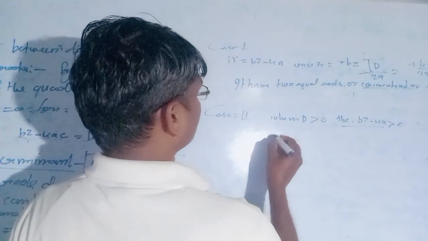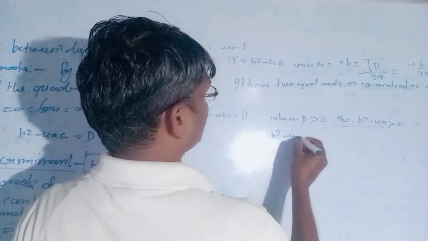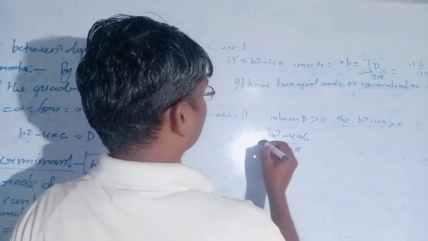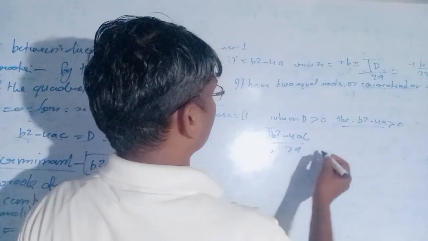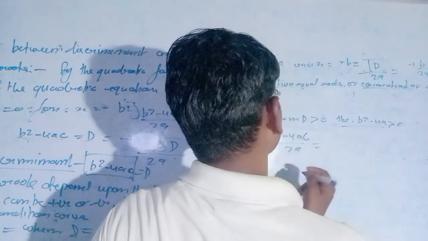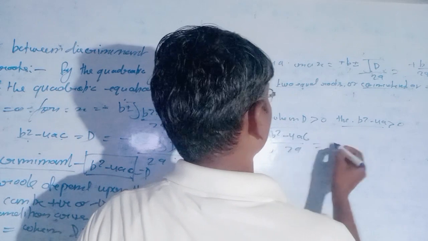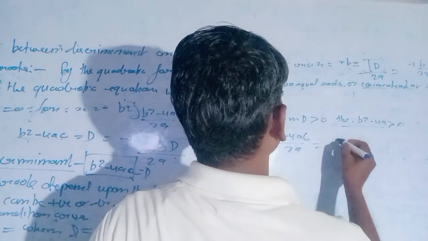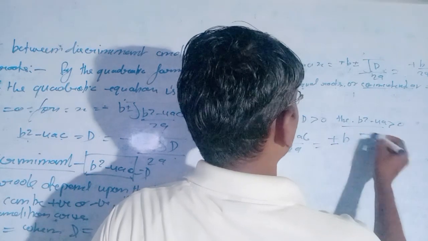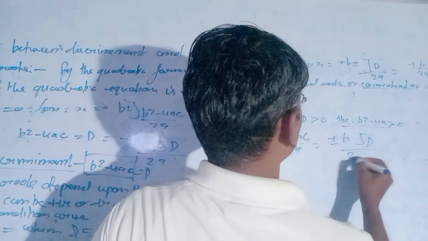So x is equal to minus b plus or minus under root d by 2a.